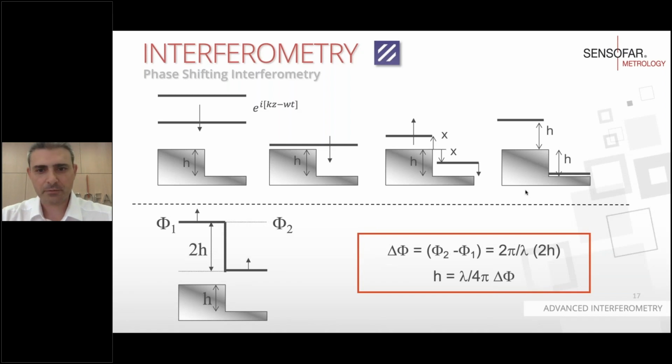So okay, let's go for phase shifting interferometry and how it works. Imagine you have a step height like the one we see in the first picture here, and we have the wavefront derived from the optical components that perform the interferometry. The wavefront, which in that case is a plane wavefront, arrives at the top of the step height and reflects, while the portion of the wavefront that is not yet touching the surface still needs to travel.